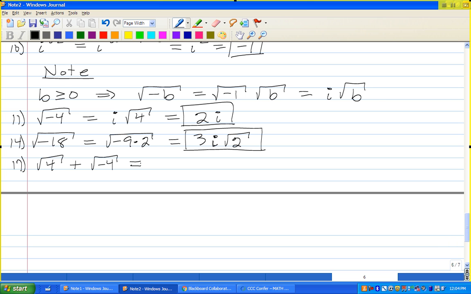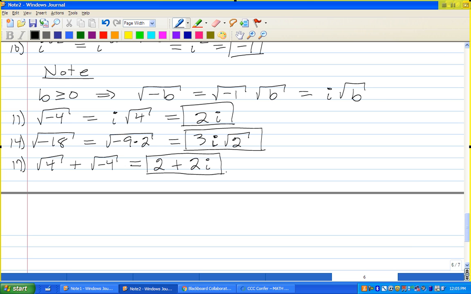So in exercises 17 through 22, write the complex number in standard form. Identify the real and imaginary parts. The square root of 4 is 2. The square root of negative 4 is 2I. Since 2 squared is 4, I squared is negative 1. This is written in standard form.